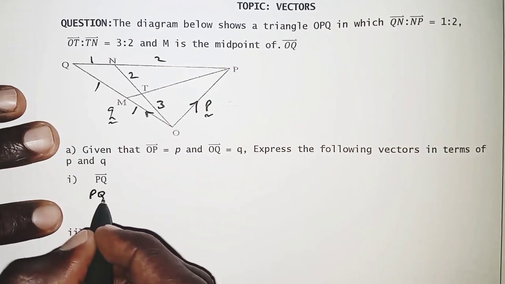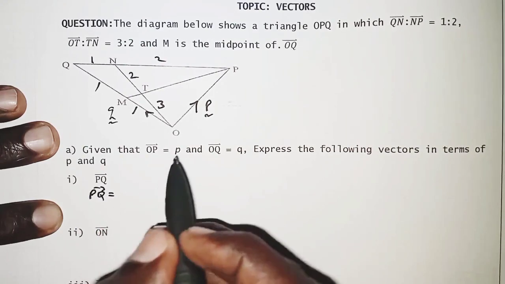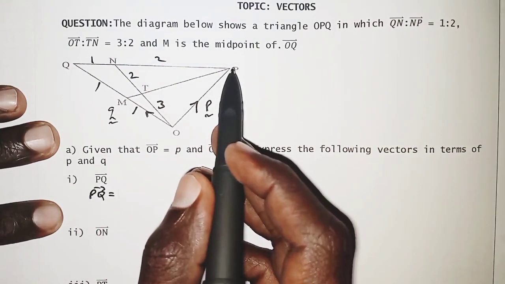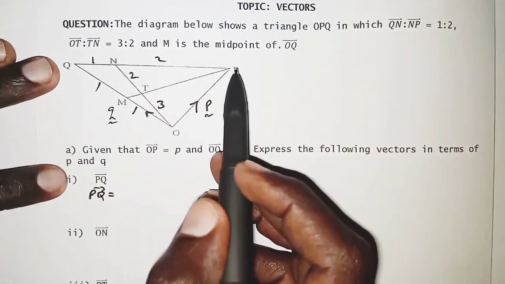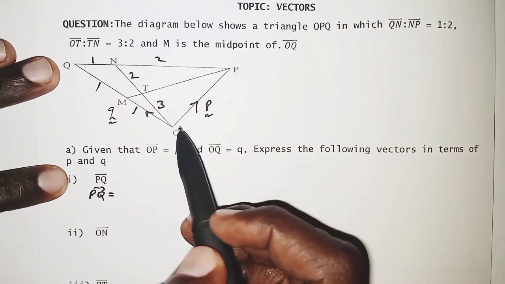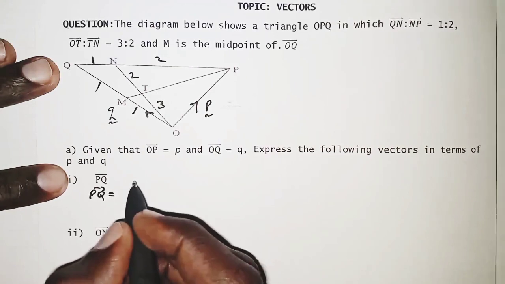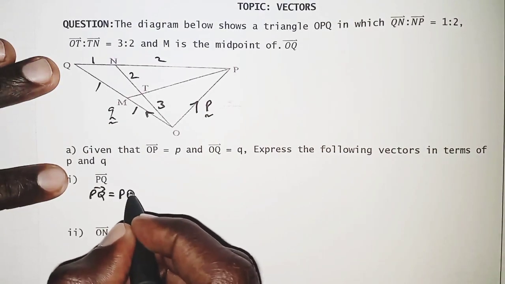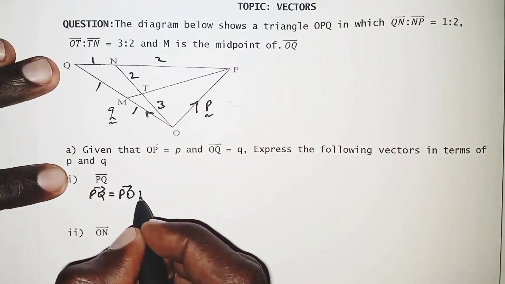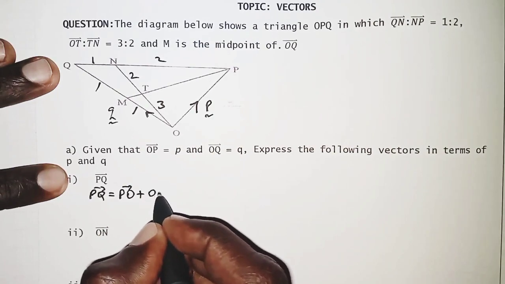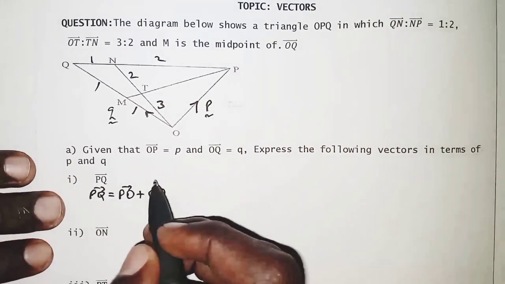So PQ is simply you're moving from P and you're heading to Q. So we can take the vector PO and then OQ. So vector PO plus OQ.